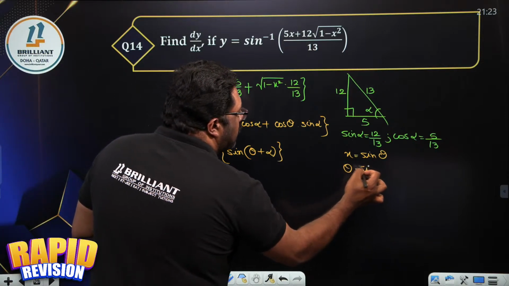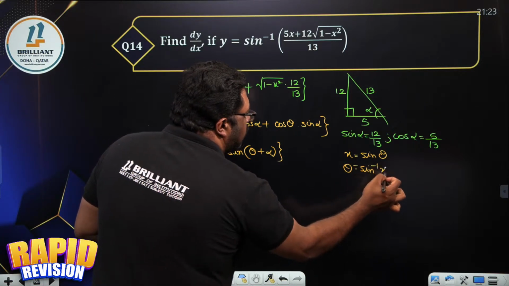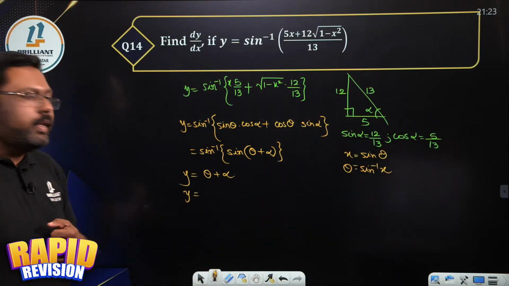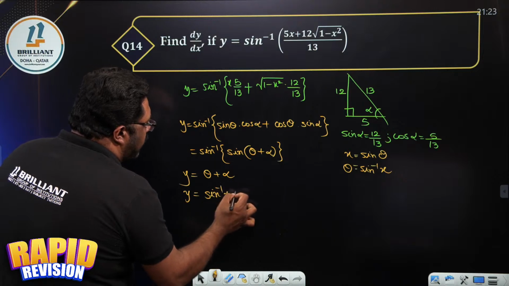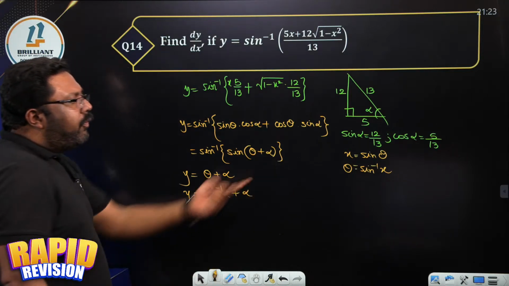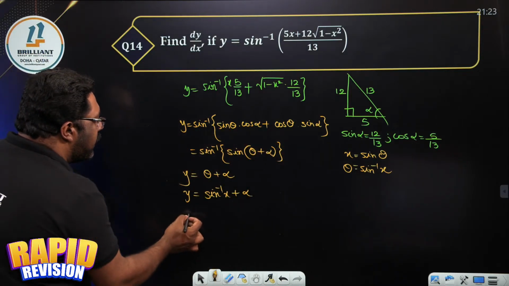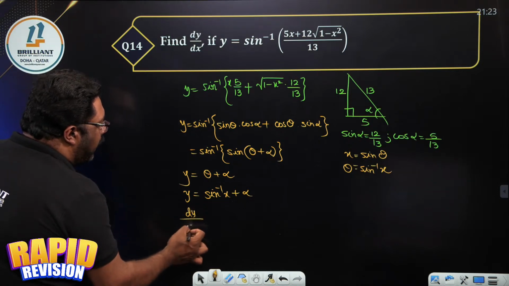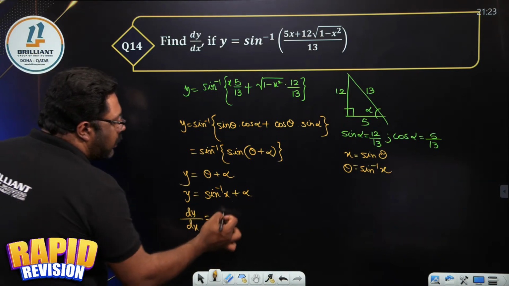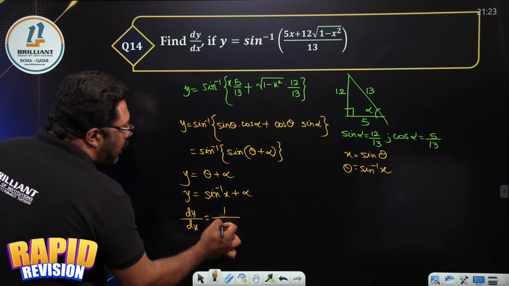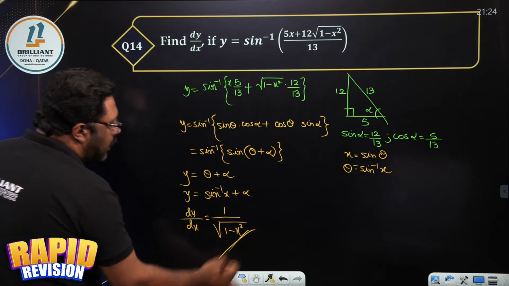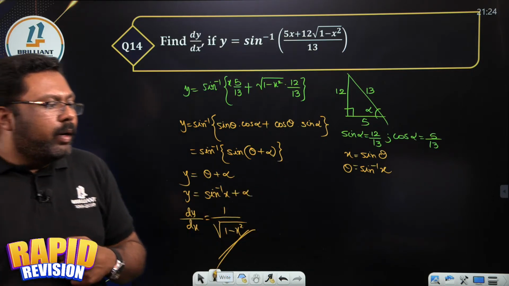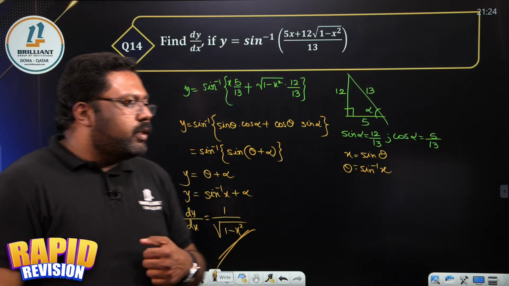Theta is sine inverse x. Forget about alpha because alpha is a constant. So what's the derivative of y with respect to x? 1 by root of 1 minus x squared.